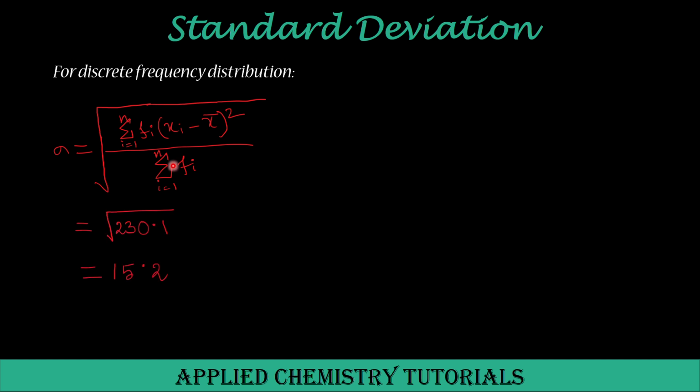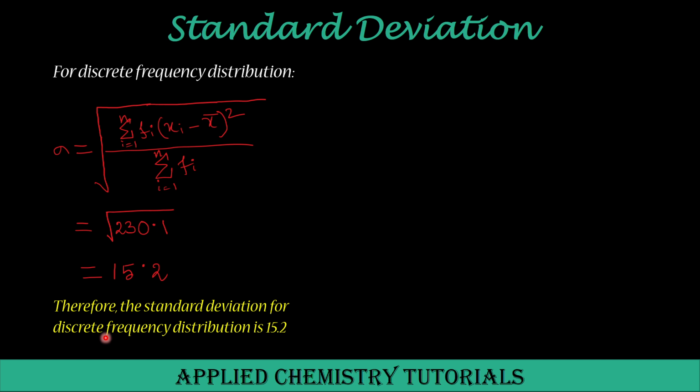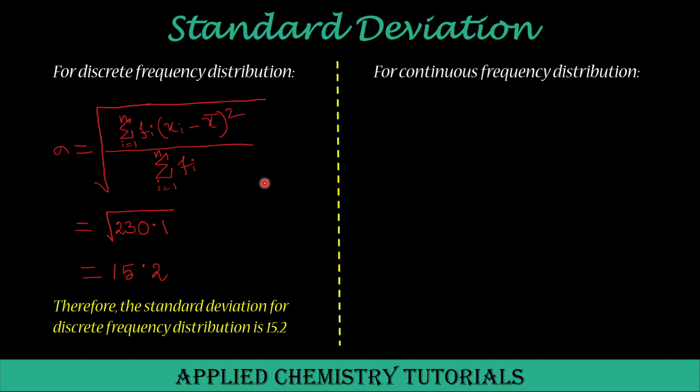Here we calculated sigma square for the discrete frequency distribution as 230.1. So sigma is the square root of 230.1, which equals 15.2. So we can say the standard deviation for the discrete frequency distribution is 15.2. If we don't have the variance data, we can do the calculation from scratch, as we have shown for the variance calculation.